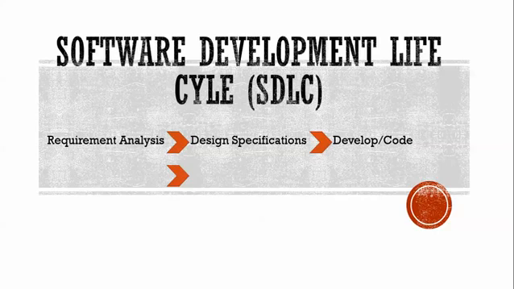And in the next phase, developers start developing the website, right? So they start writing the code, HTML, C++, Java, all different kinds of programming languages are available. So based on the product needs, developers start coding.